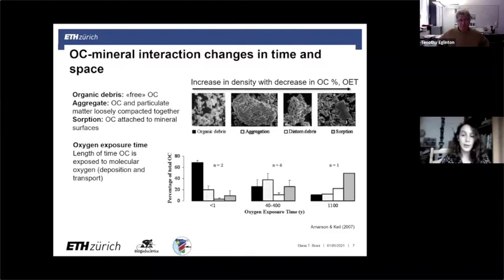And their figure here shows the importance of oxygen exposure time very well. It shows that with increasing oxygen exposure time, as we see here on the x-axis, we will have a change in the association types. So in low oxygenation states, we will have a lot of organic debris, and in high oxygen exposure times, we will have more sorbed organic matter.